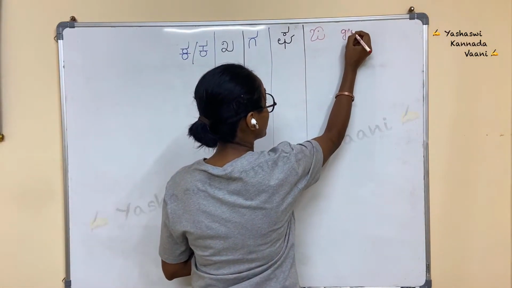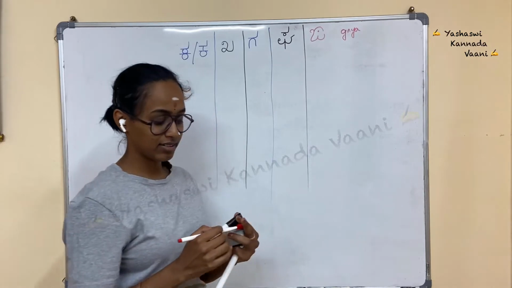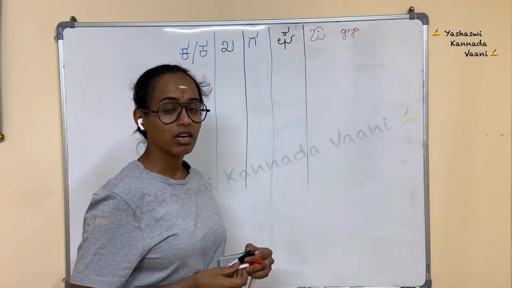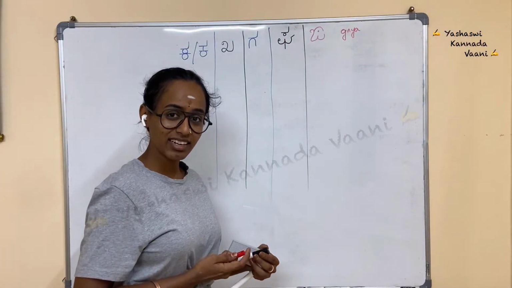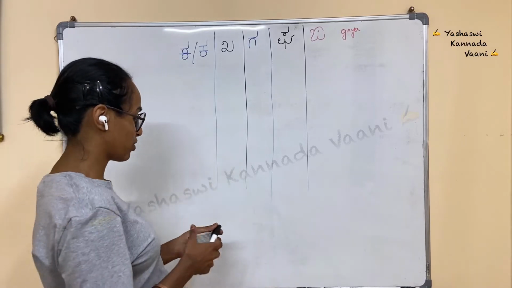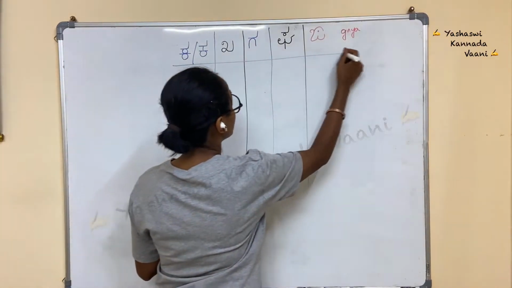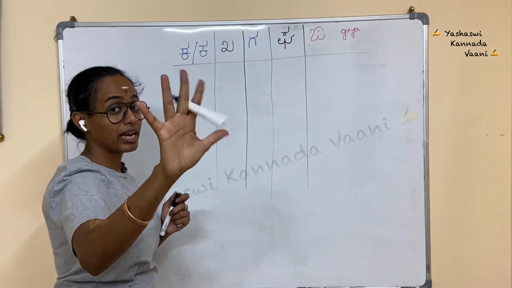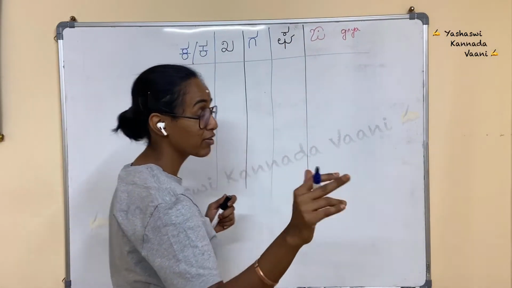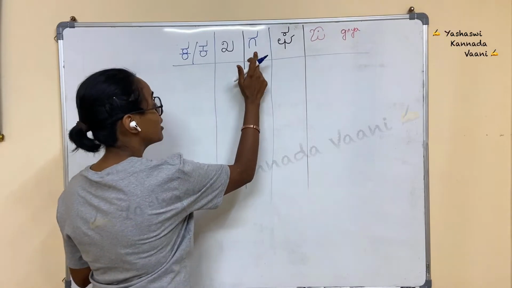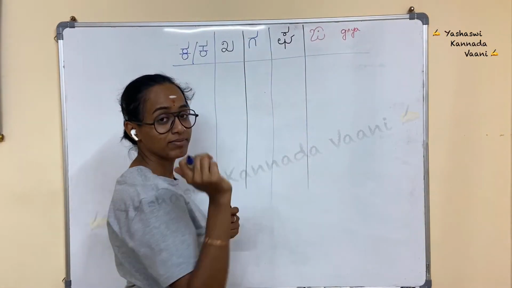So how do you pronounce? G-N-Y-A. Nya. That is not a Nya. It's a Nya. Clear? Yes. Next we'll go for the next letter. So observe there are 5 letters in a row. Observe that carefully. K, K, G, G, Nya.